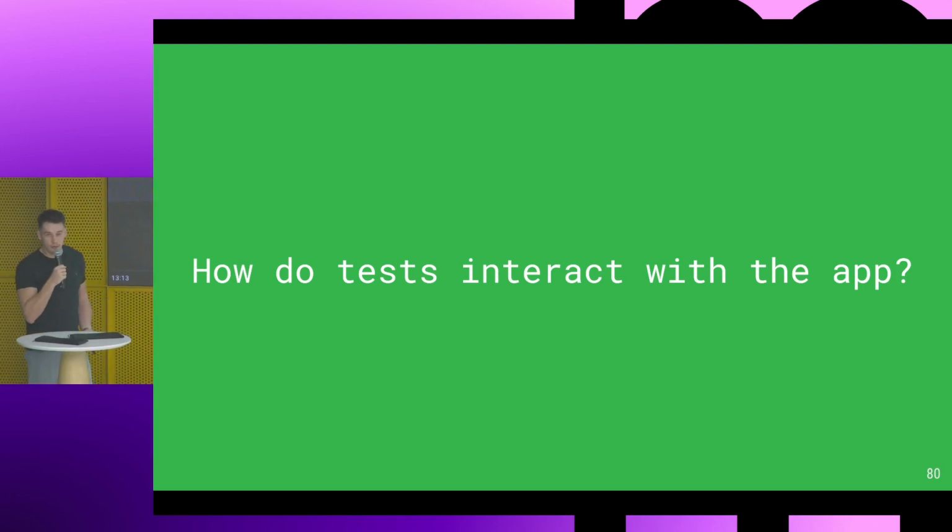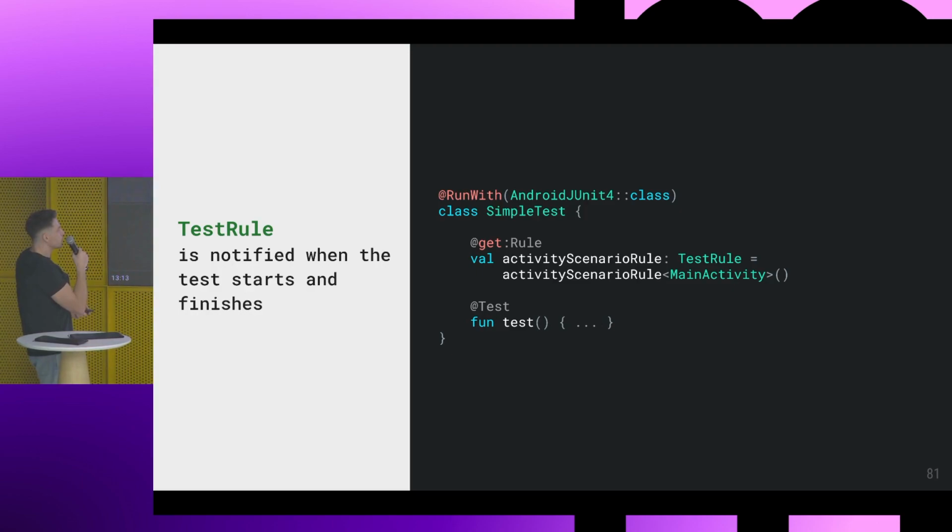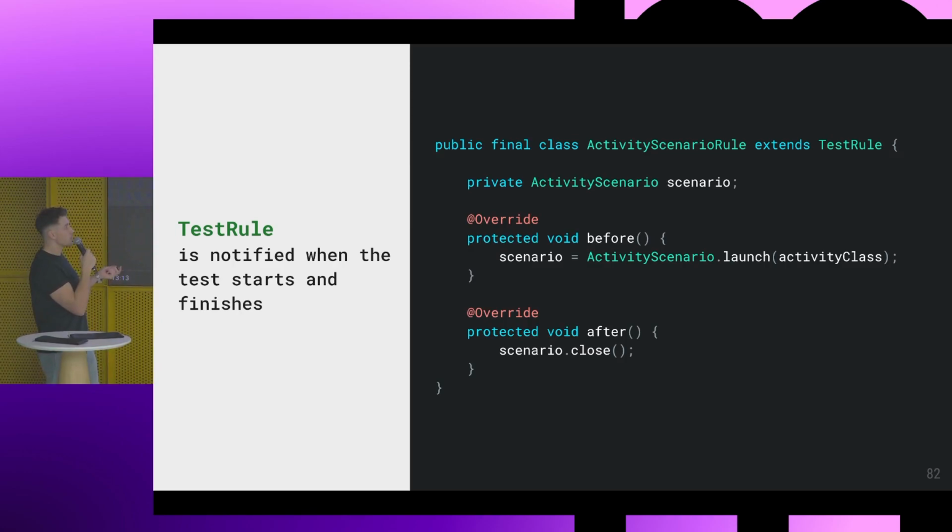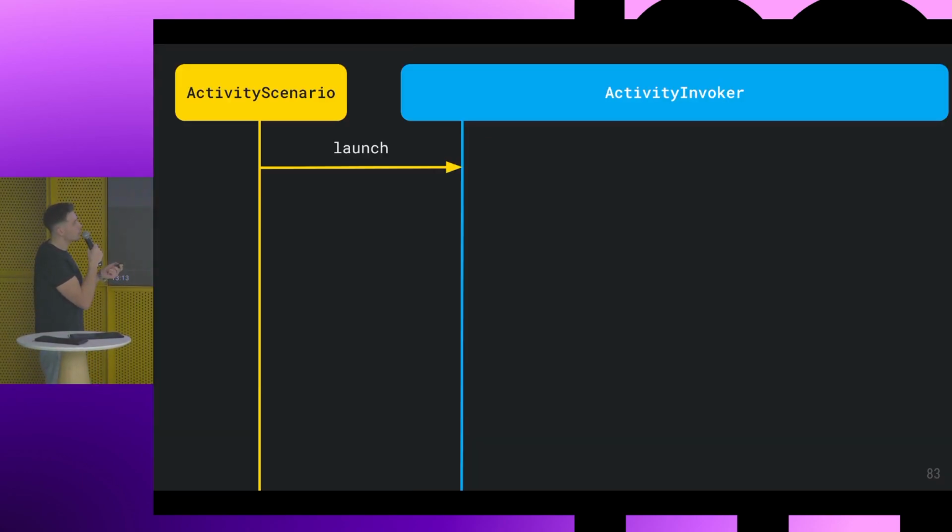So how exactly do our tests communicate with the app? Some magic is going on there. Probably you used ActivityScenarioRule or ActivityTestRule, which is deprecated now. They both are implementations of the JUnit interface TestRule, which is also notified when the test starts and finishes. And here you can see we're just starting an activity using some tool called ActivityScenario. It is a pretty interesting thing.